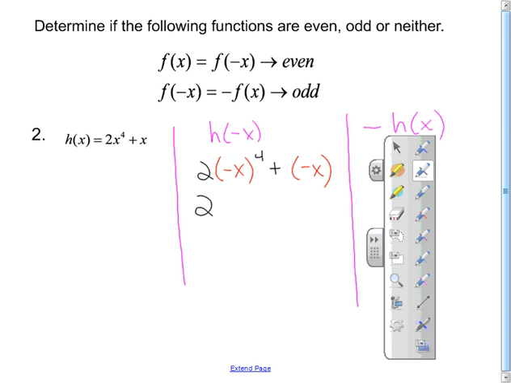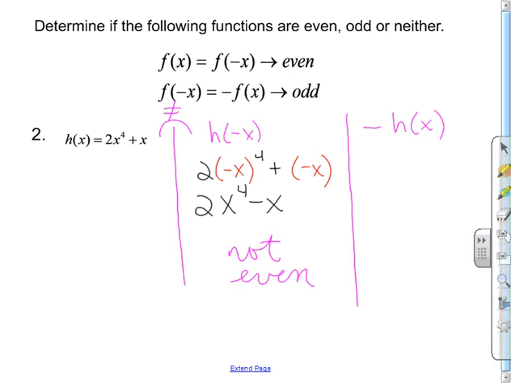Well, a negative to an even exponent is just a positive, so I just get x to the fourth, plus negative x is minus x. So when we compare h of x to h at negative x, they are in fact not equal. So I write not equal, so it's not even.